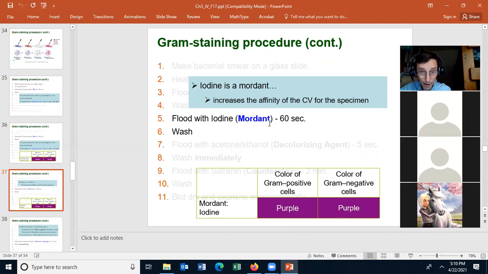What happens is the iodine complexes with the crystal violet and it makes a larger molecule. The color of the gram-positive cells is purple, and you could argue it's a more intense purple, and the color of the gram-negative cells is the same thing, purple or a more intense purple. Any question about that? After 60 seconds, you then wash the slide gently with cold water.